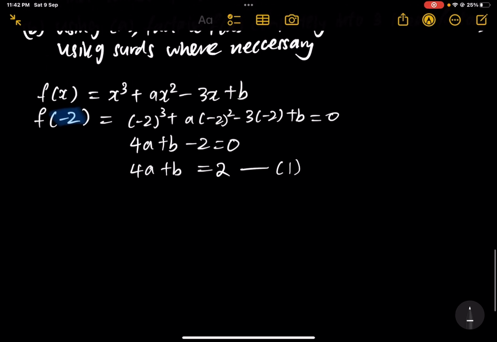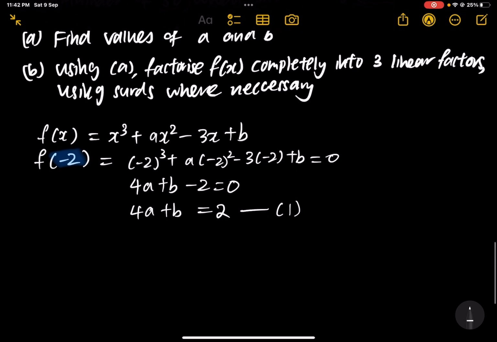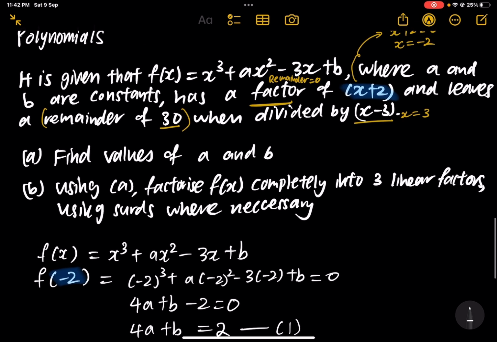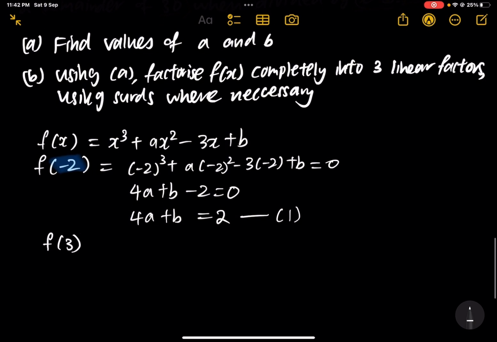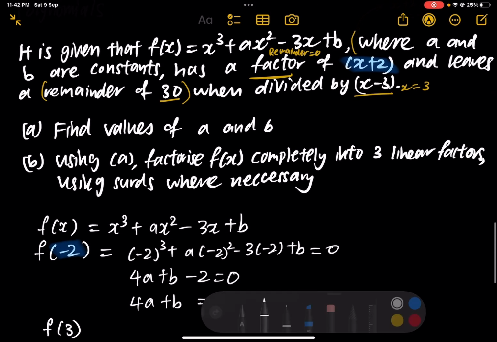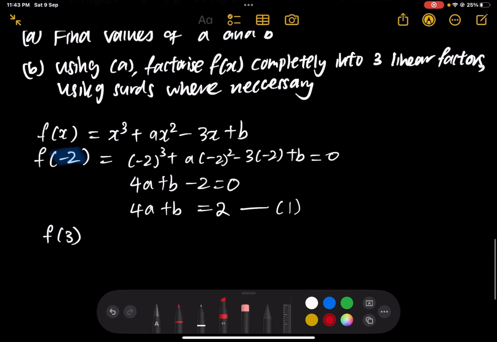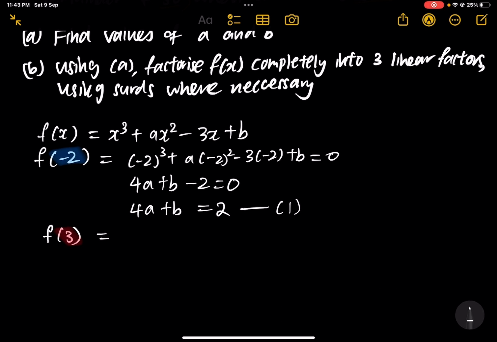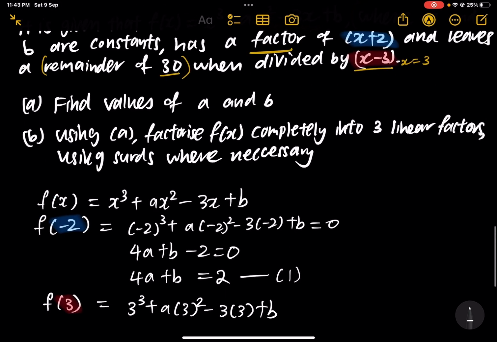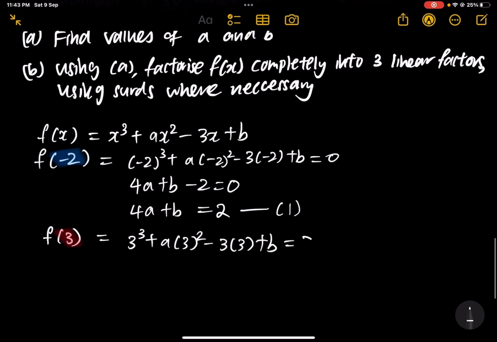Next one, I will sub in x to be 3 because x minus 3 is here. Now I'll equate it to 30.